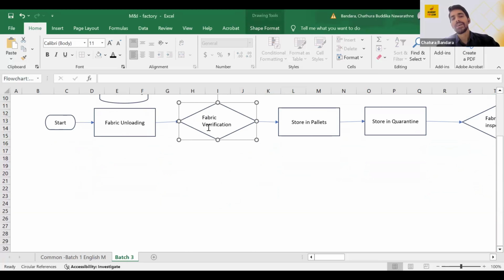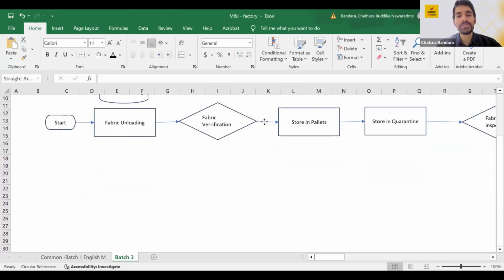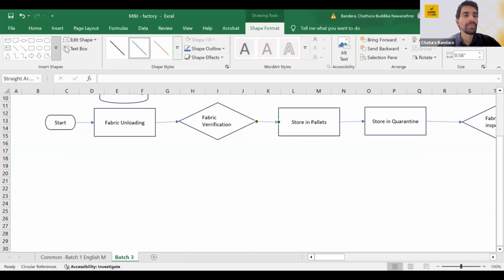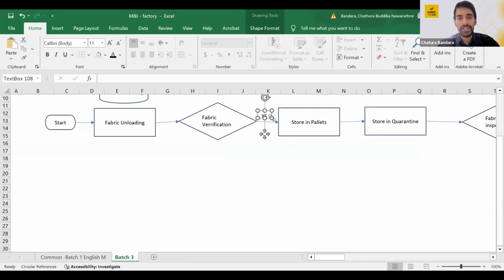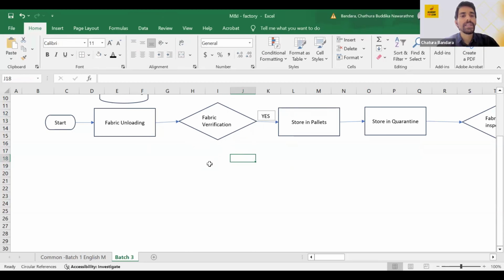Okay, so imagine fabric verification fails. What happens? This is the yes process, right? I'll put a text box here. If fabric verification is passed, it goes forward. What happens if it fails, what is the no process? Is it connected again to unloading or to some other process?